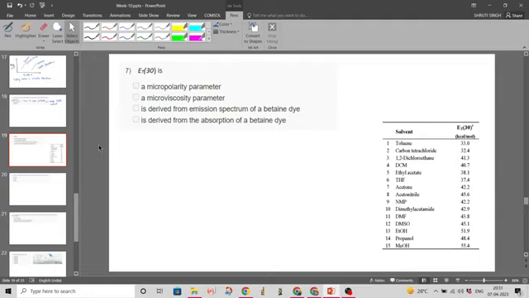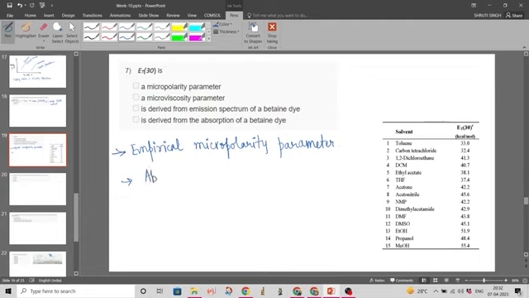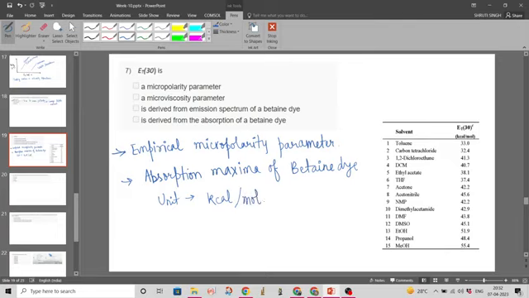This ET30 is the empirical micropolarity parameter, and it was set with reference to the absorption maxima of betaine dye. The unit is kilocalorie per mole.